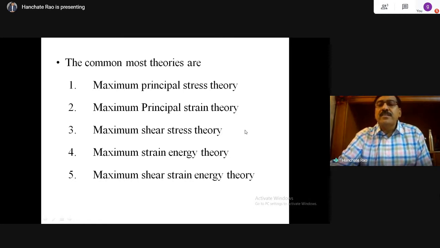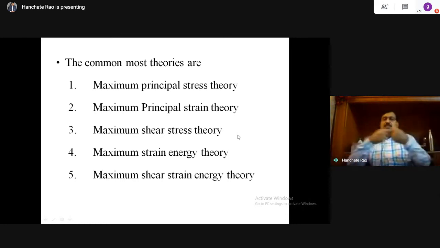If the yield stress is sigma y, yesterday we have seen that when there is only uniaxial stress sigma, the maximum shear stress is nothing but sigma by 2, acting at 45 degrees.